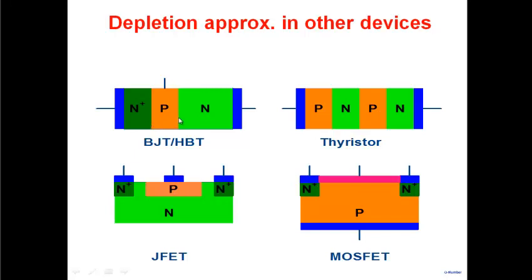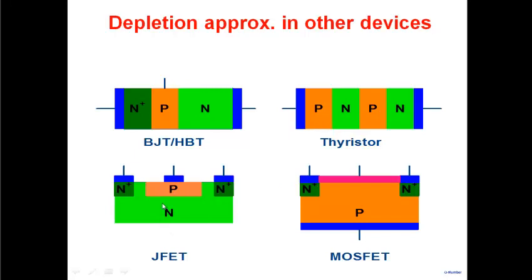That's a BJT. An HBT is also a bipolar transistor, except that the name is heterostructure bipolar transistor, because the material that you use in the emitter is different from the semiconductor that you use in the base. That's why we call it a heterostructure, because two different semiconductors are being used. But it's nothing but a bipolar junction transistor. In a thyristor, you have a PNPN structure, and you have a depletion region here, here, and here.